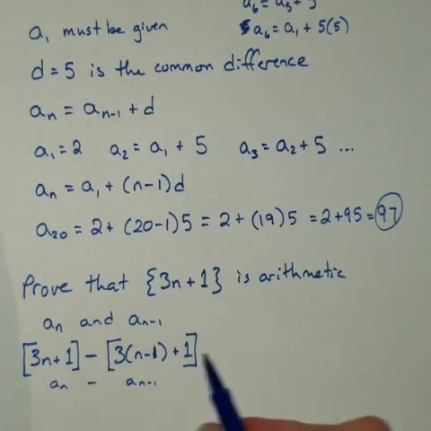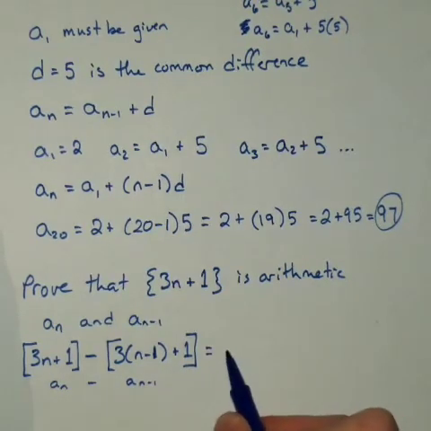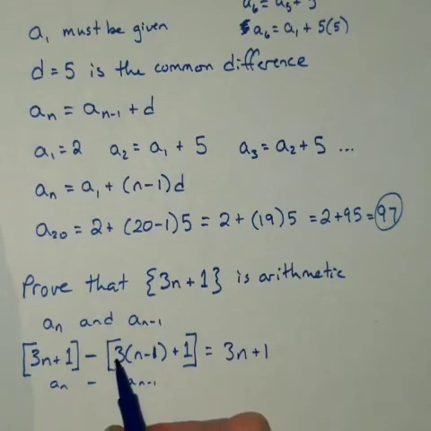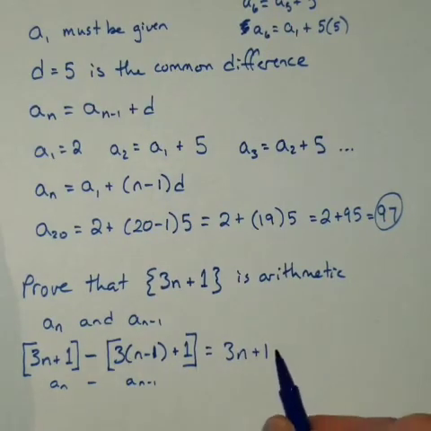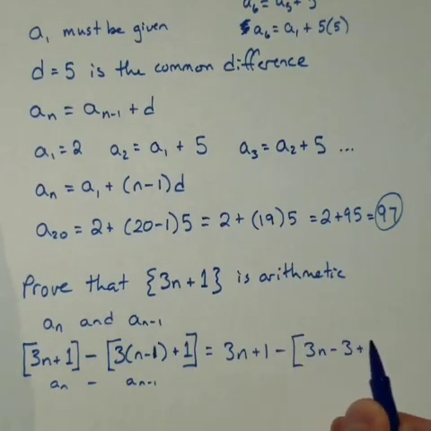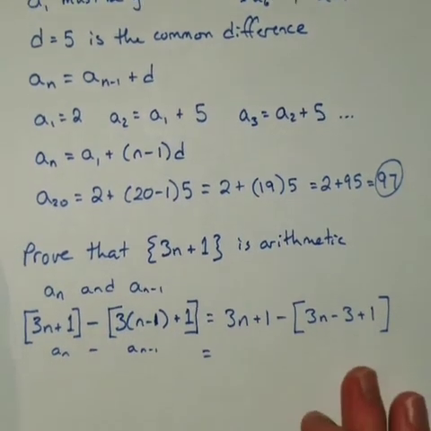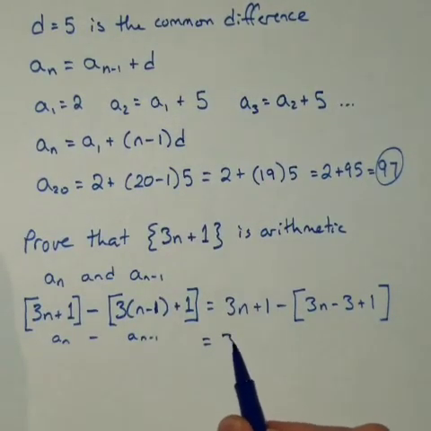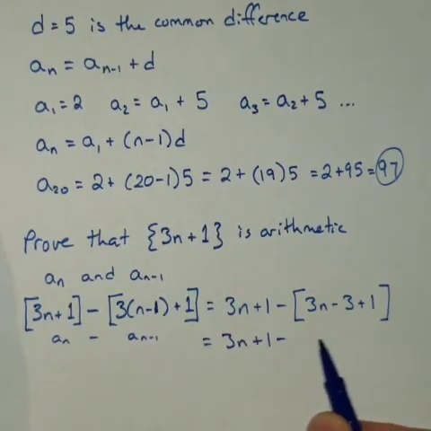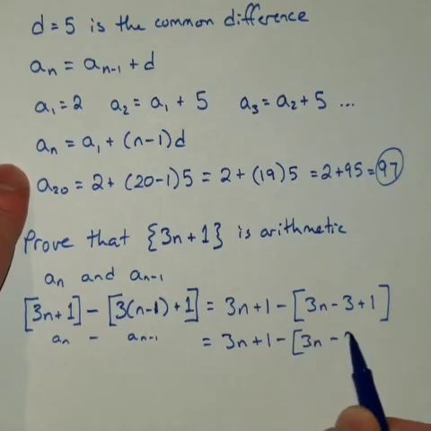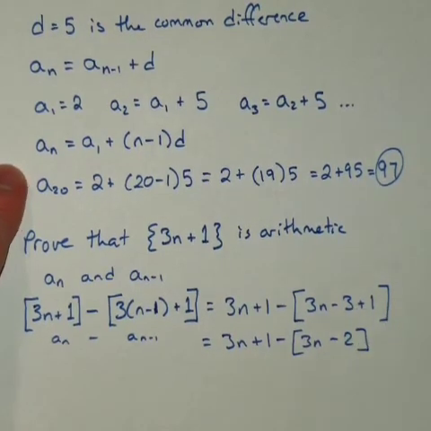So let's go ahead and simplify this thing. Well, I can distribute the 3 on the inside here. So I get 3n minus 3 plus 1. Right, that's distributing the 3. And then I'm going to get 3n plus 1 minus, let's call this 3n minus 2 if I combine my terms.